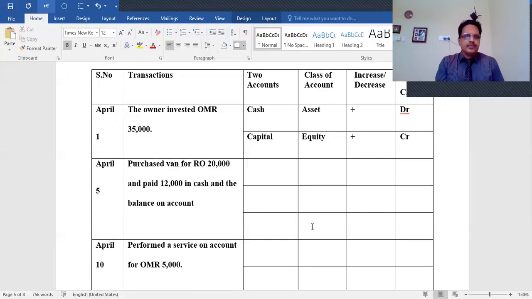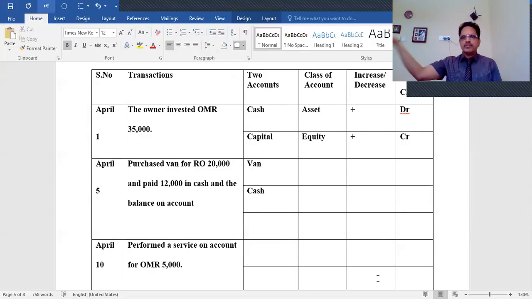So here, one account is van. Van is an asset. Another account is cash. And the third account: you purchased the van for 20,000, but you paid 12,000 immediately. So cash is going out, 12,000, but the rest of the amount you will pay later, the balance on account.